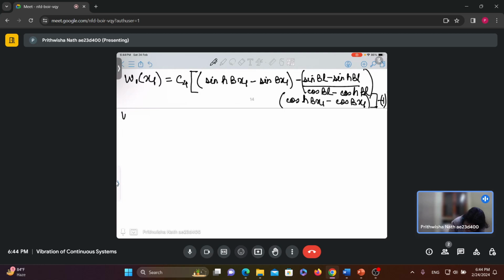So W2 is equal to C1 prime cos beta x2 plus C2 prime sin beta x2 plus C3 prime cos hyperbolic beta x2 plus C4 prime sin hyperbolic beta x2.